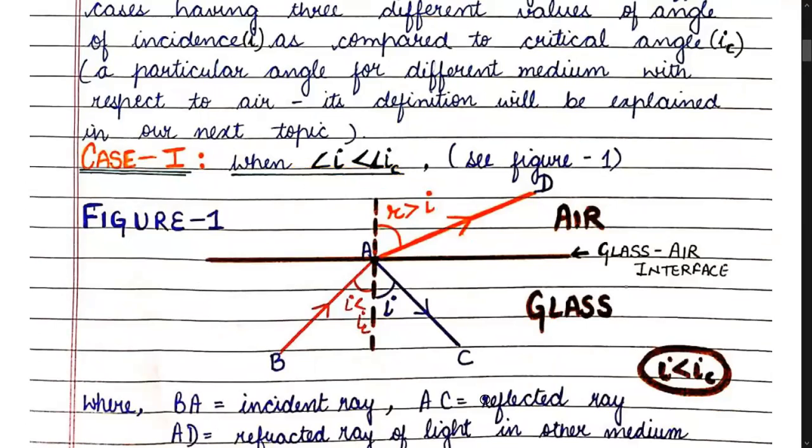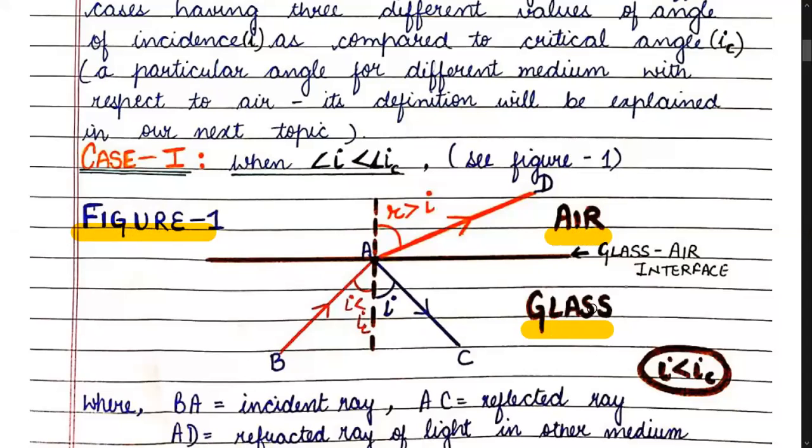Now students, see figure number 1 in front of you. In this figure number 1, we are having 2 different mediums. One is glass and the other is air.